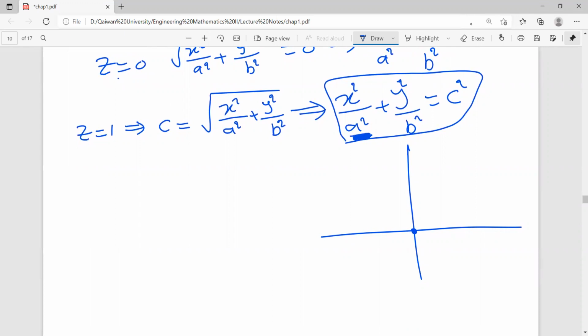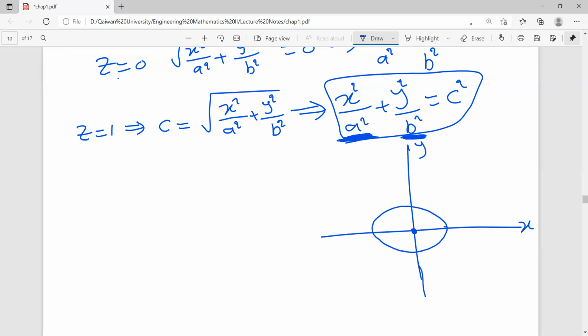Here we get c squared a squared, and here we get c squared b squared. This denominator is bigger, so we say this is x and that's y. If this is bigger, we get an ellipse like this.